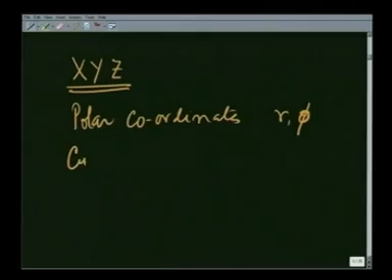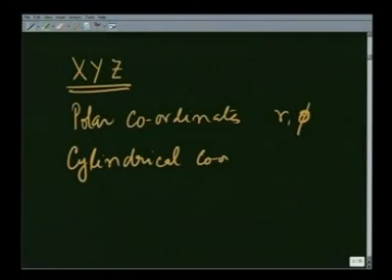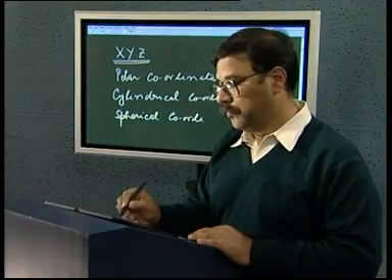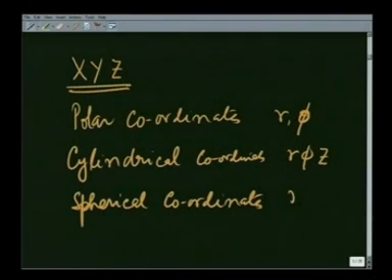We considered cylindrical coordinates r, phi and z. We considered spherical coordinates r, theta and phi, and we used some of them while solving problems. Not only are these coordinate systems useful in solving mechanics problems, you will find them very useful in solving problems in electrodynamics and wherever there are certain symmetries.